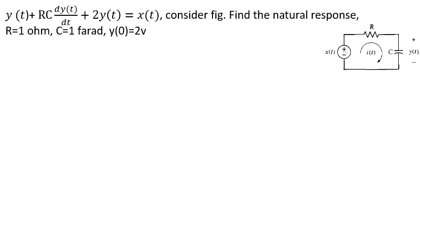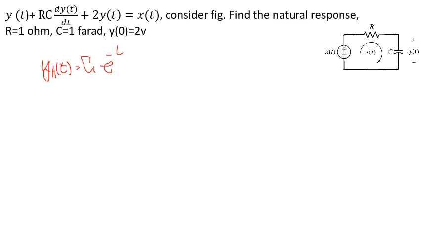So let's write the already derived expression for the homogeneous solution. If you recall, or you have the lecture, you can see that the expression for the homogeneous solution is y of h t equals c1 e power minus t.